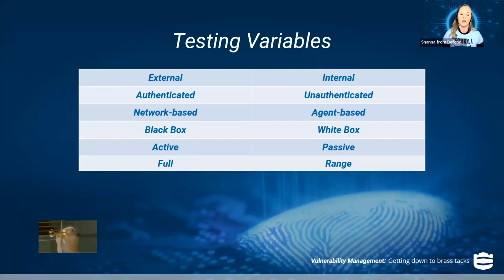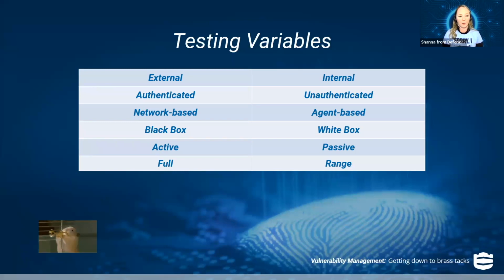So in that case, some people might choose to do agent-based scans or tests where that's run locally on their device, whether that's a server, a laptop, a mobile phone, whatever it might be, and that device is just continuously reporting back, usually to some type of cloud platform, and it doesn't matter where that device is located, whether it's at home. You can make sure that all of those roaming and remote endpoints are patched and up to date, which can be a major challenge in this crazy post-pandemic work landscape.